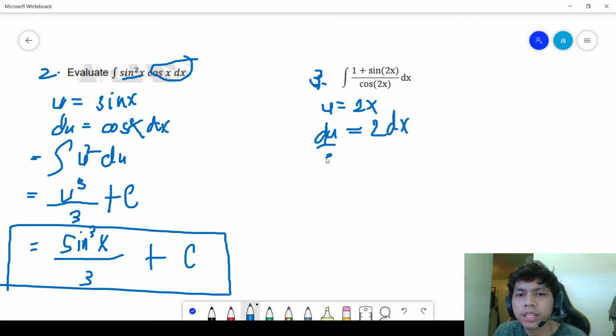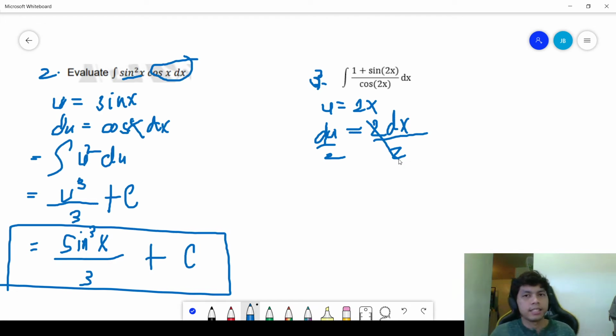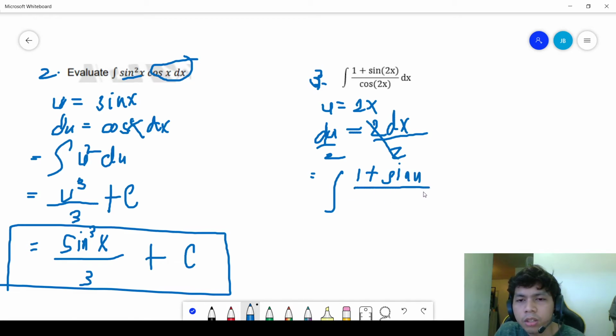We divide both sides by 2. Now you have the value of dx. So you will have 1 plus sine u over cos u, and then dx is du over 2.